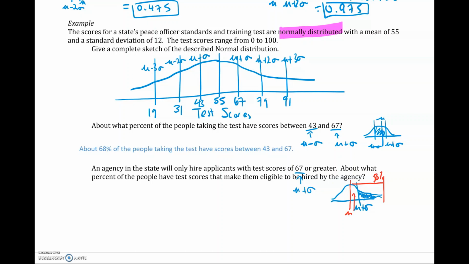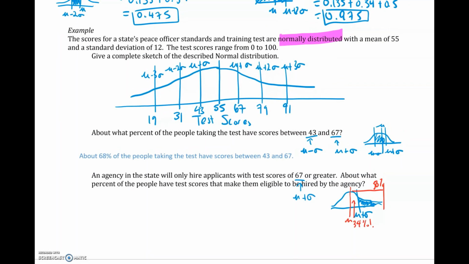And remember, that is just your 34%. So to do this problem, all we're doing is 50% minus 34%, so 0.5 minus 0.34, which is how I get 0.16.